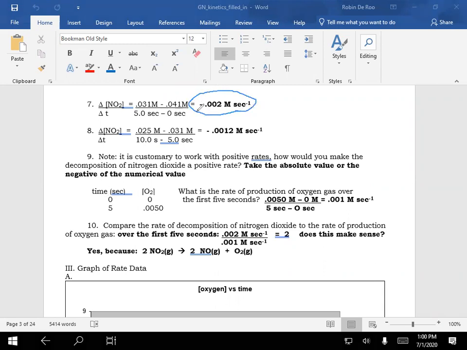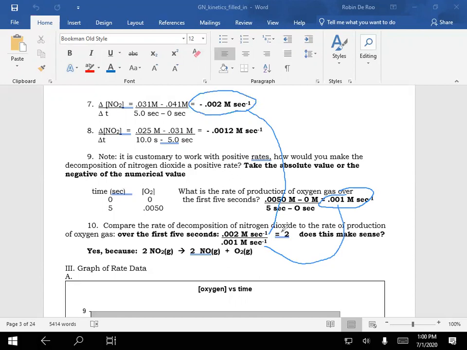We're going to take the absolute value of this. So we put this on the top. So this was the rate of production of oxygen gas over the first 5 seconds. Put that on the bottom. And then we get 2.